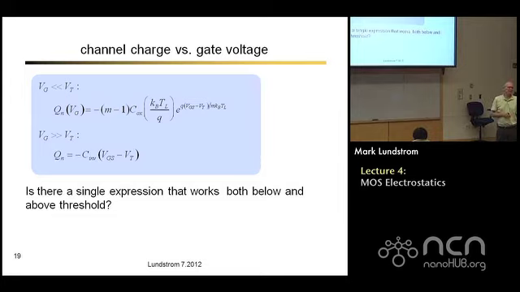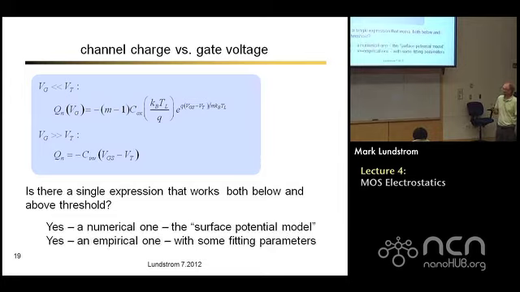It would be really nice if we had one expression that worked everywhere. And you can do that. Those of you that are used to modern transistor models know that most of them are based on a concept called a surface potential model. You can solve this, but it has to be done numerically. There's no analytical expression that will take you all the way there.